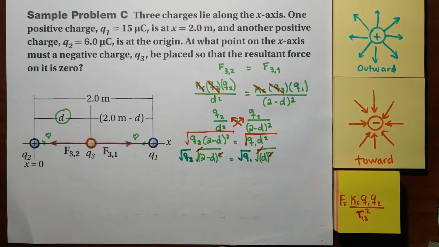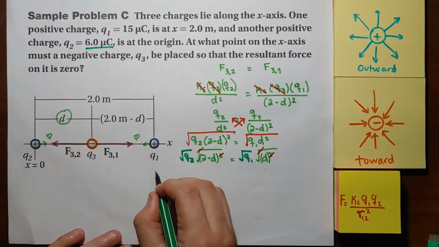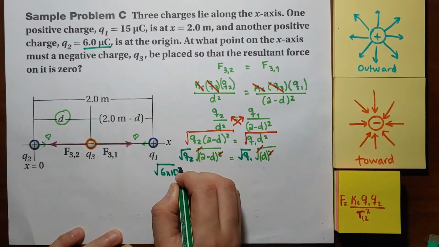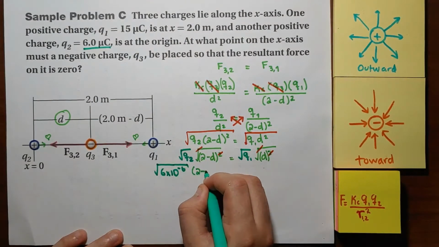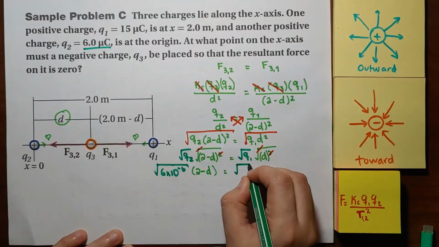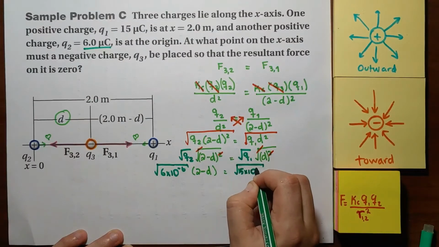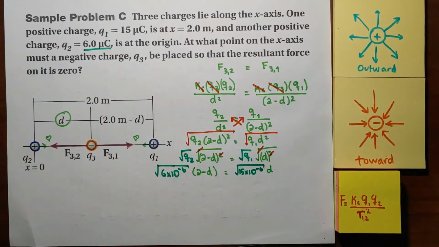So what we do now is a replacement. Instead of Q2, we're going to write its value: square root of 6 times 10 to the negative 6, that multiplies 2 minus d, equals the square root of Q1, that is 15 times 10 to the negative 6, that multiplies d.